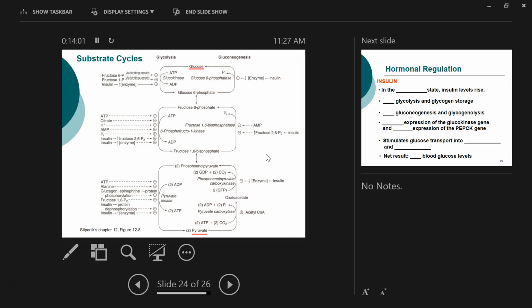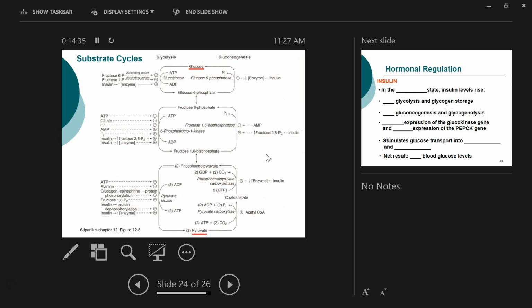How could this happen, right? Basically regulated by hormones and substrate. So you need to understand how insulin regulates the key enzymes in glycolysis and gluconeogenesis. Just take the first example, like glucokinase, right? Insulin basically activates the key enzyme in glycolysis, but inhibits enzymes in gluconeogenesis.